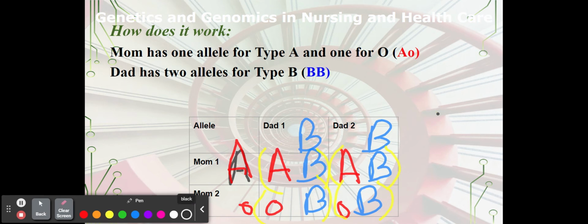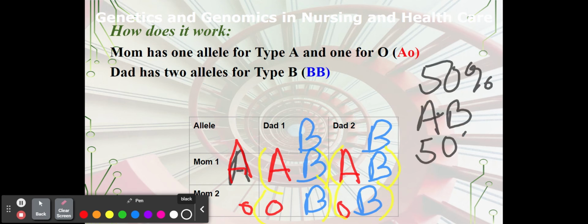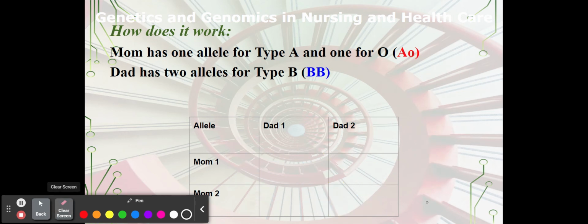So just to recap that, we have 50% type AB and 50% type B. All right. If any of that doesn't make sense, please let me know, and we'll go over it and we'll do more examples. It's kind of good to know that, and you might see it again. So let's go on to our next thing.